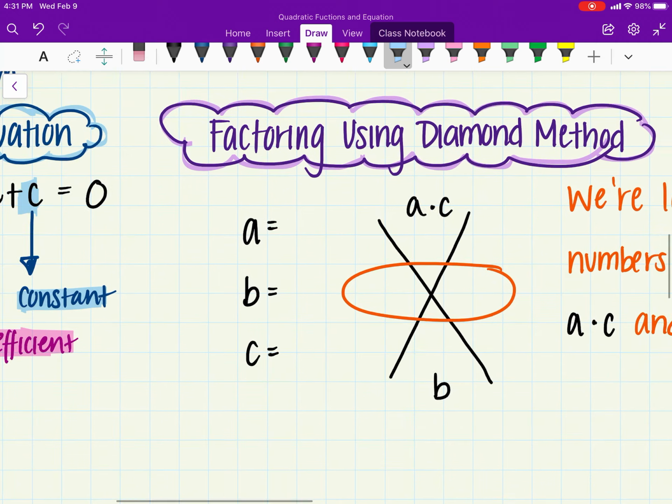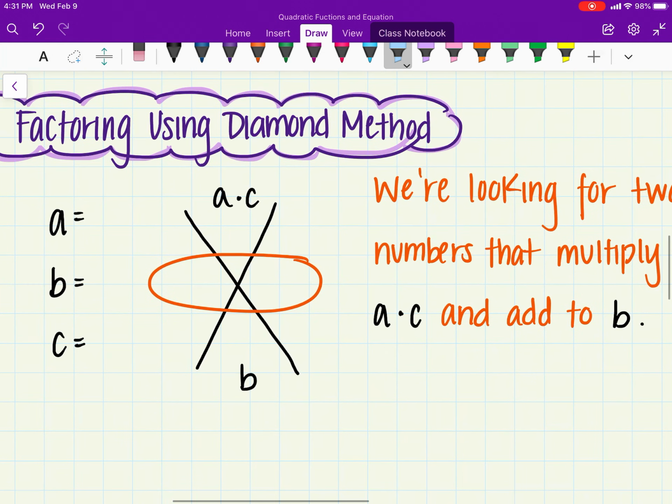So let's take a look at this when we're factoring. In this case, guys, we're working with quadratic expressions, which means that the highest exponent is going to be a 2. Because the highest exponent is going to be a 2, we can actually use the diamond method here. Now, how the diamond method works, guys, is we first identify a, b, and c.